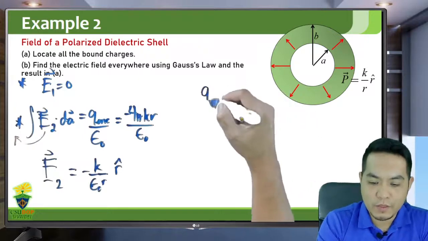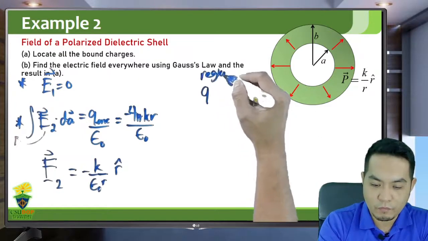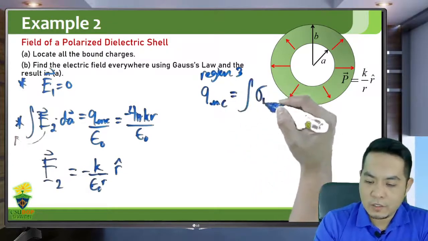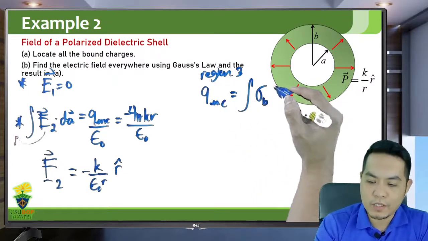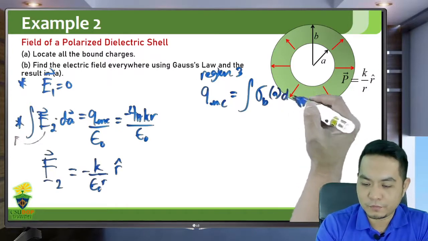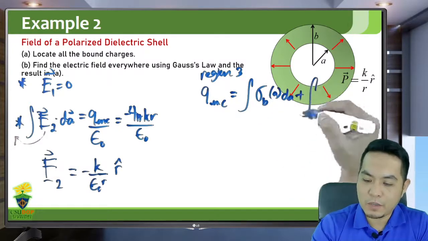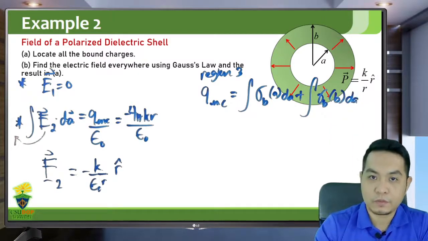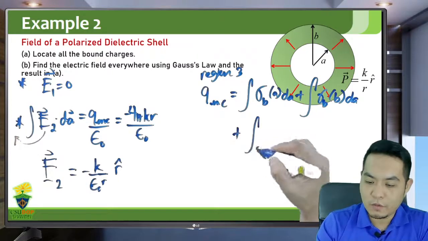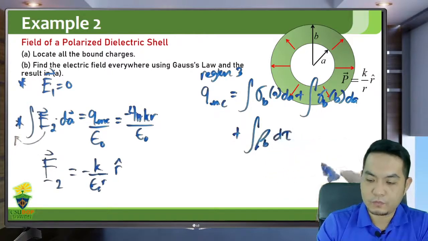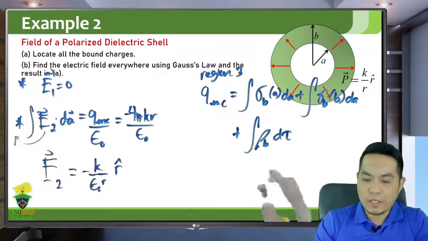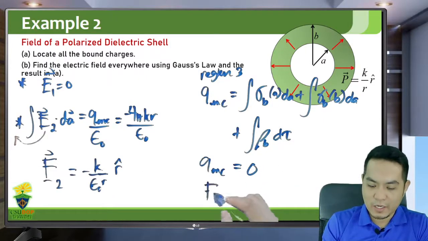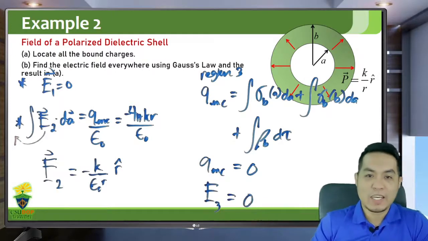So for region 3, the charge enclosed will be the surface bound charge at r is equal to a, plus the bound charge at r is equal to b, plus the volume charge. And if you add all of that, you will actually get 0. Hence, the electric field at region 3 will be 0.